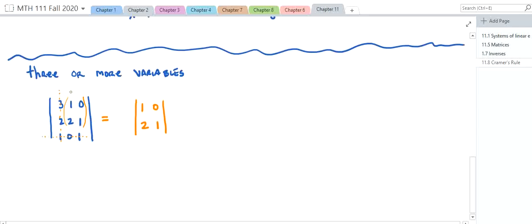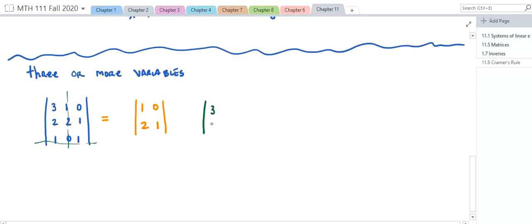And then I'm going to continue to use this third row, but now I'm going to create another minor matrix by eliminating the middle column. So this will be 3, 2, 0, 1.